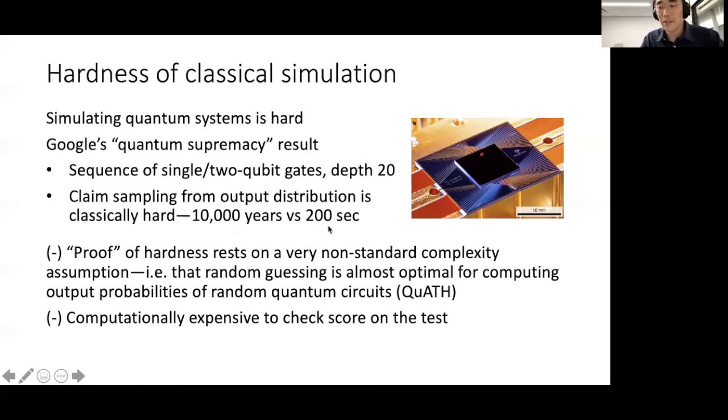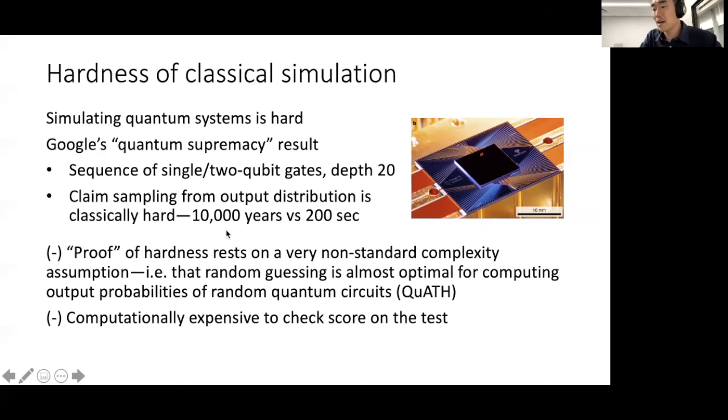However, there's been a lot of back and forth disputing this result, and successive classical algorithms have been developed that cut this 10,000 years number a lot shorter.